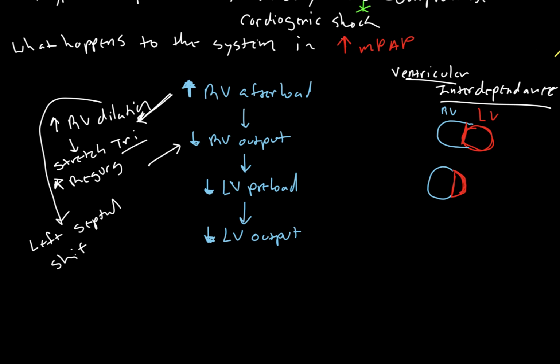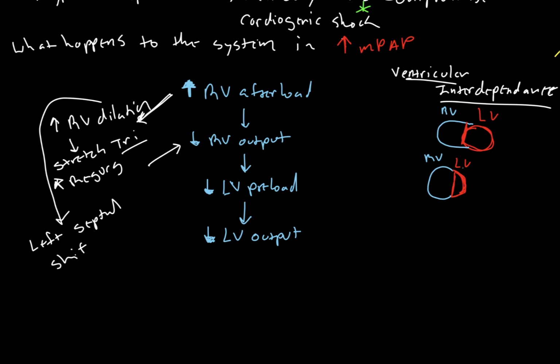So this is the idea of ventricular interdependence, and this is important because the RV and the LV share the same pericardium, the same septum, the same fibers, so whatever happens on one side is going to affect the other.